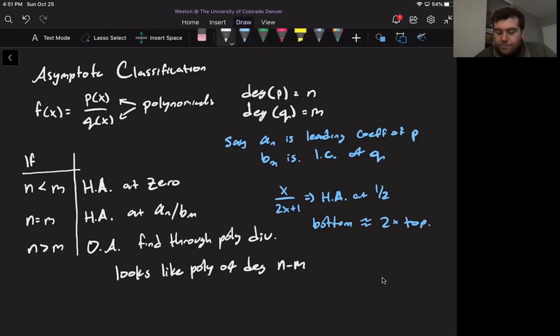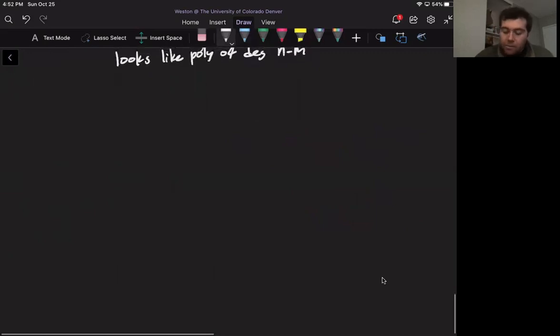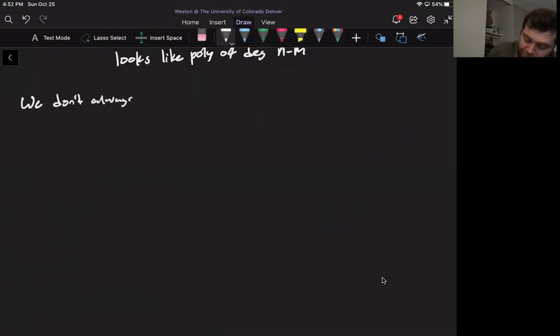All right. So the last thing that I want to do is show an example of why we don't always have a vertical asymptote. Try and see if you can think of a rational function that doesn't have a vertical asymptote. All right, so there's two answers.